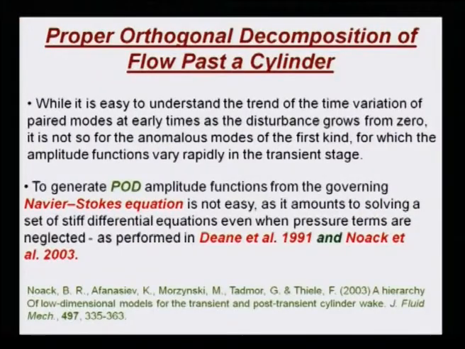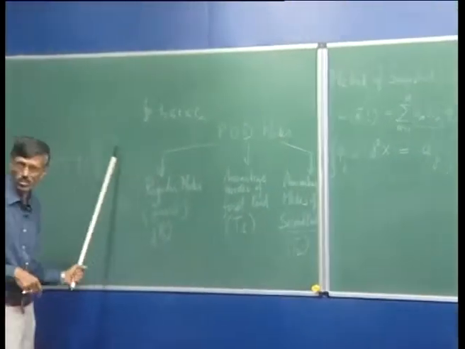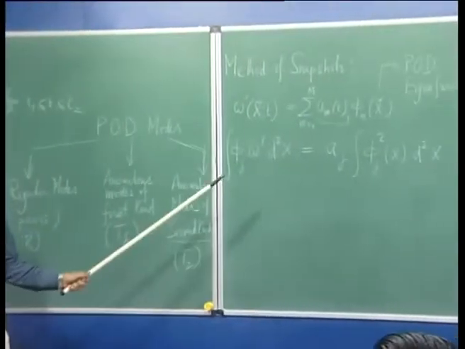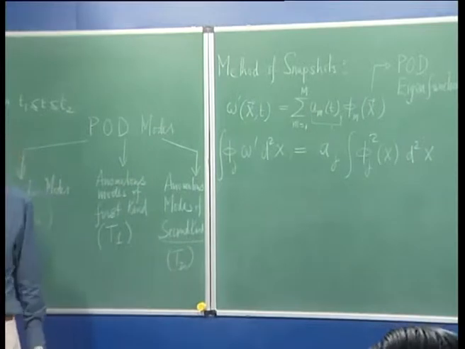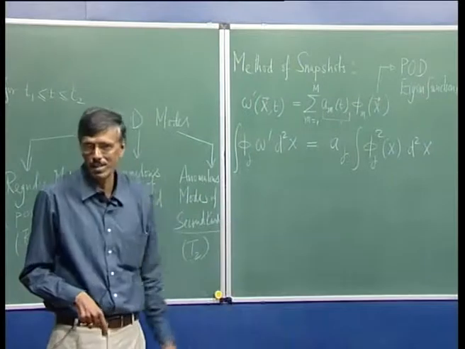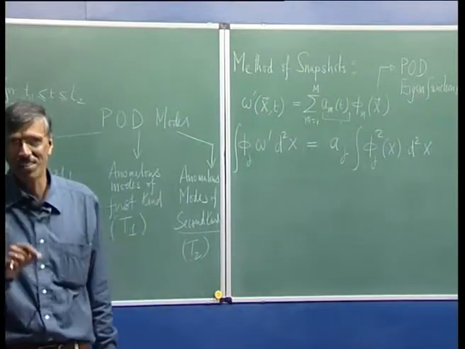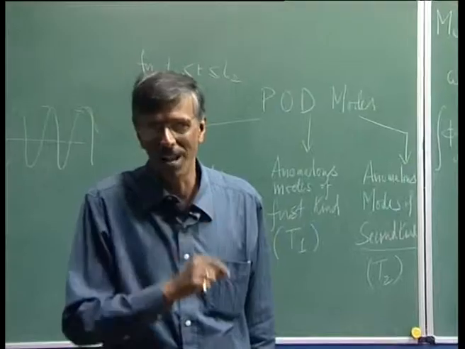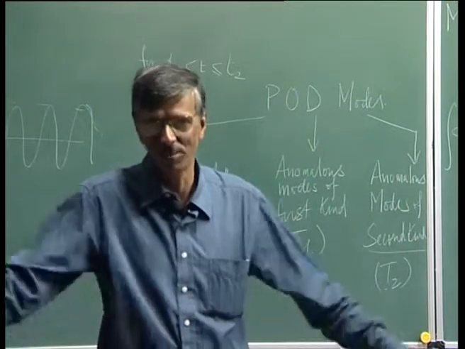Okay? And to generate POD amplitude functions from the Navier-Stokes equation is not so easy. What we have done here, we have obtained the solution, we calculated the disturbance vorticity, and then we calculated A of j. What some people have done, they have tried to put this back into the Navier-Stokes equation and derive an evolution equation for A of j.